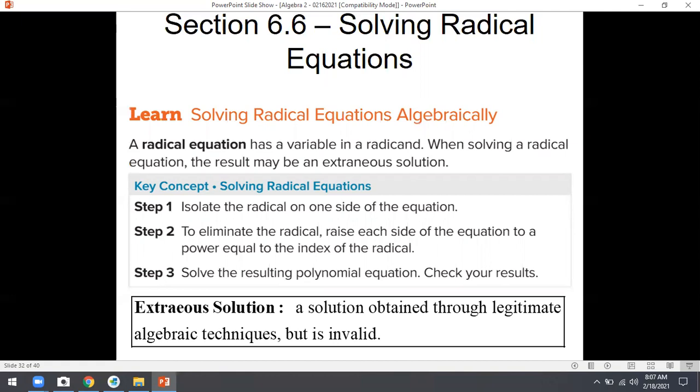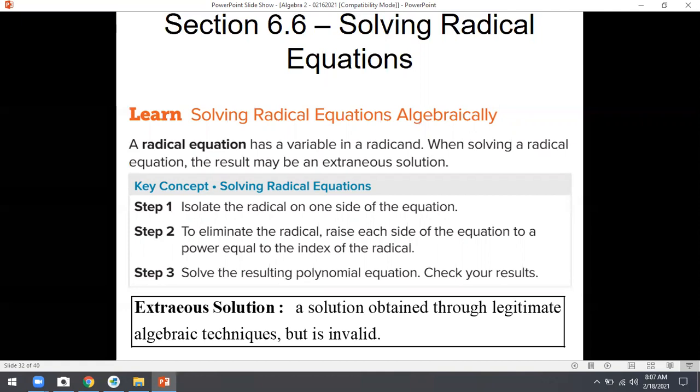So some of the answers you get might not work. An extraneous solution is a fancy word for a solution you got. You didn't do anything wrong, but your algebra somewhere along the way did square or cube to solve it and introduce some extra answers that don't work. So extraneous solution is a fancy word for a solution that doesn't work.